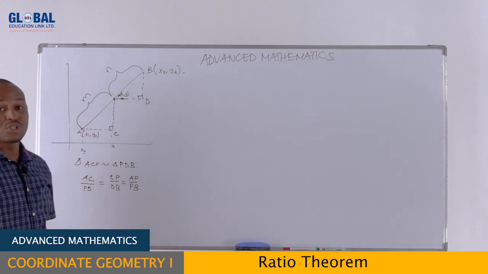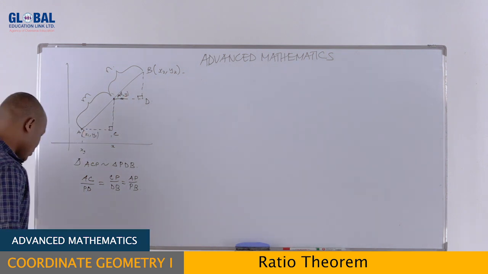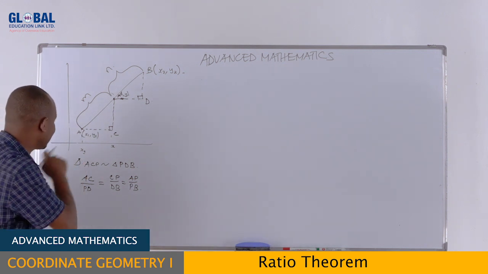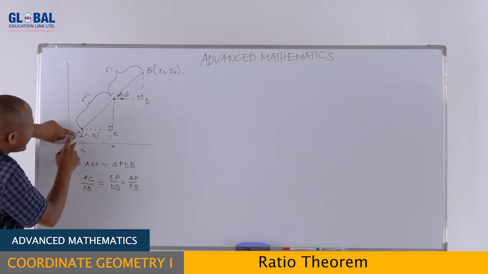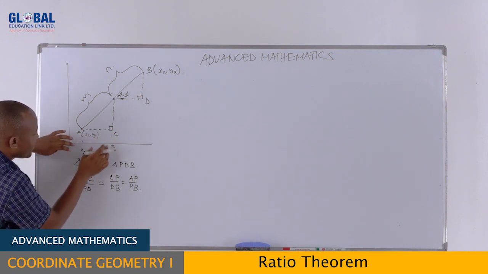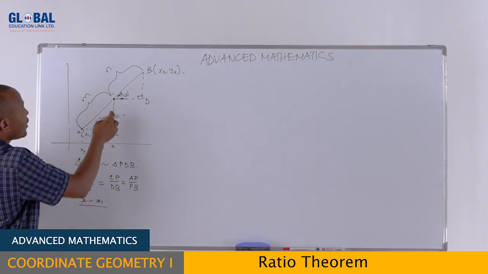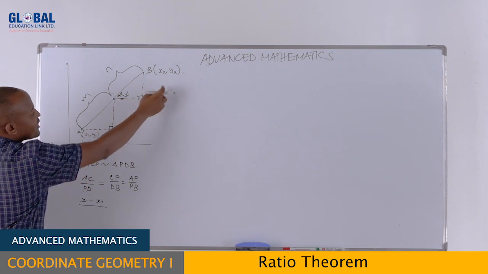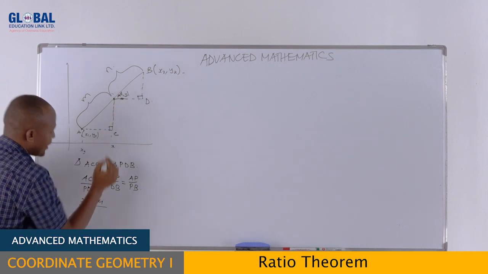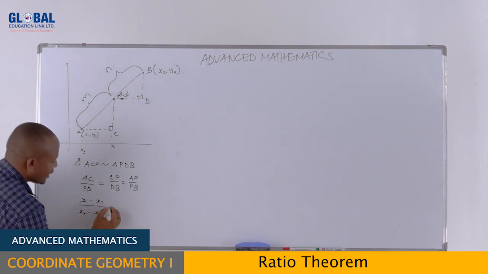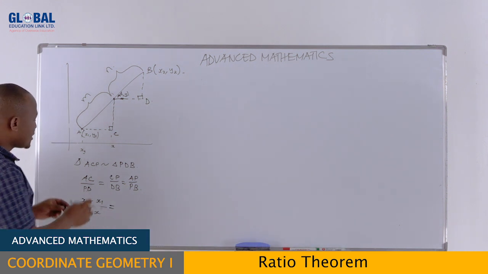Now let's use those coordinates and try to write that in a very good manner. How will it look? We have AC, that is to say, the distance from A to C: x minus x1, over PD, that means x2 minus x, is equal to CP.